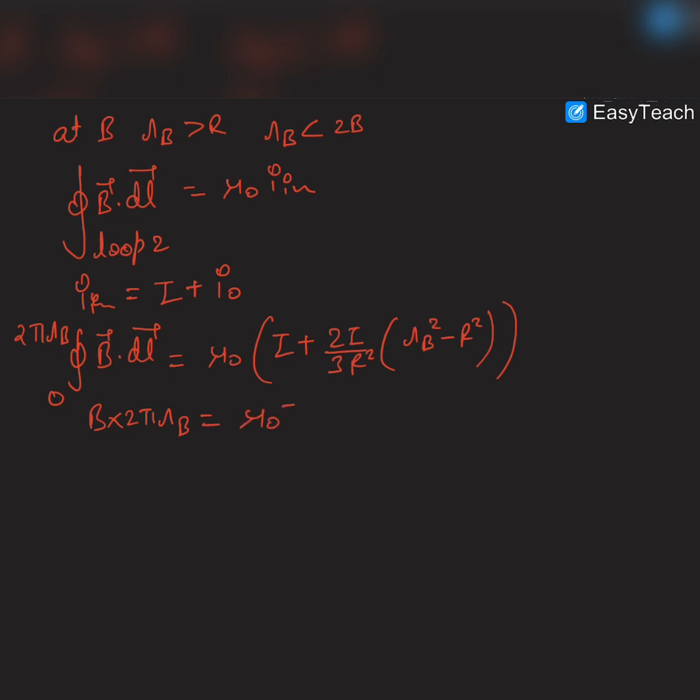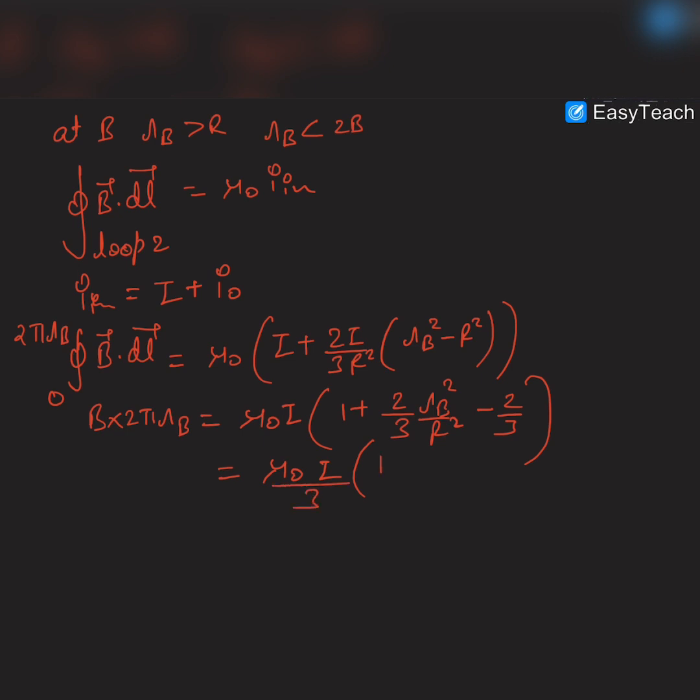Mu naught I is common, so it is 1 plus 2 by 3 into RB square by R square minus 2 by 3. 1 minus 2 by 3 is 1 by 3, so 3 is common.